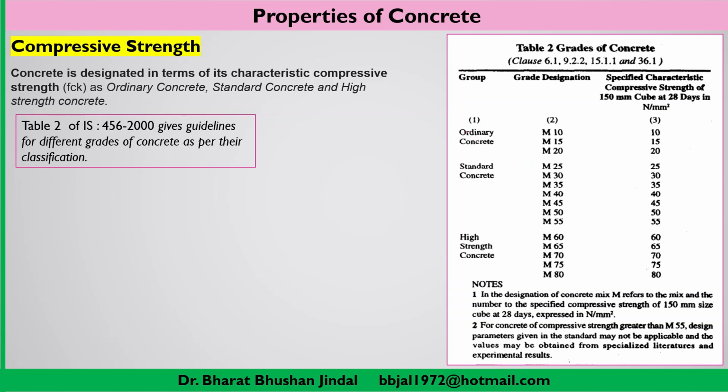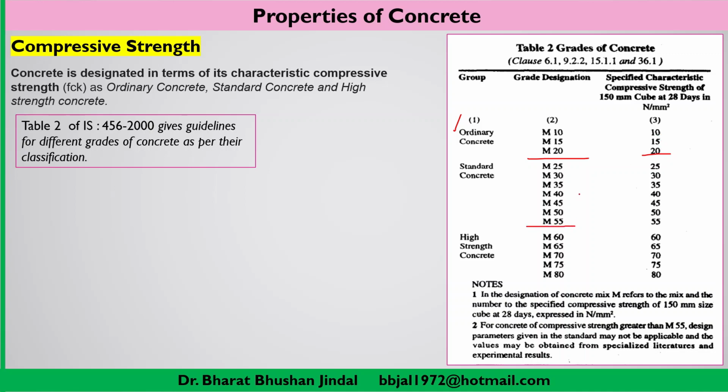Now, the very first part is ordinary concrete. So what has the code mentioned? The code has listed M10, M15 and M20. That means up to M20 grade, concrete will come under ordinary concrete, and correspondingly their characteristic compressive strength is 10, 15 and 20 MPa.